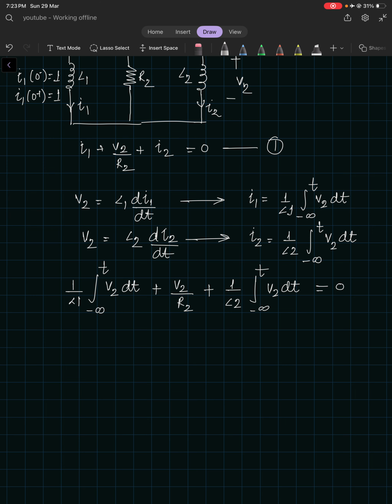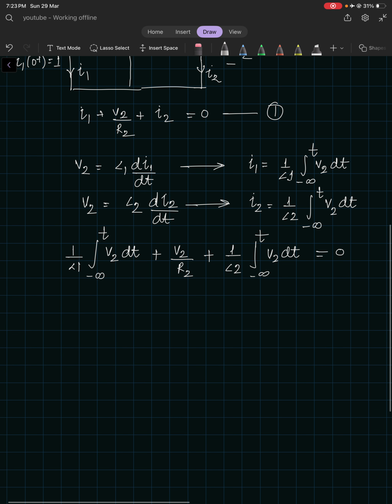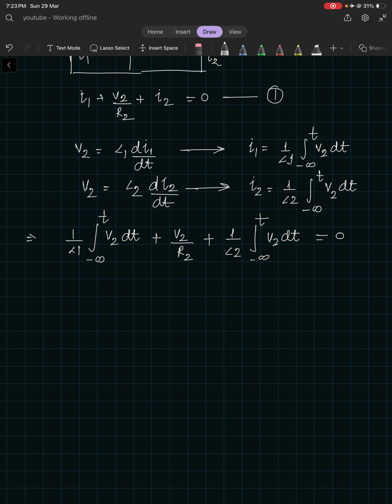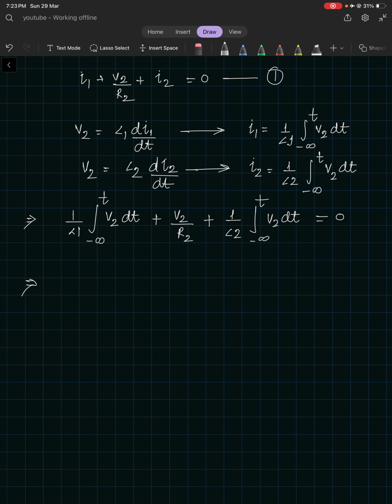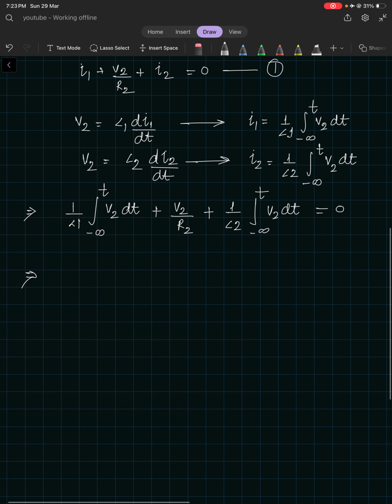So if you note the equations, it is just similar to the capacitor ones, right? There it was like we were integrating the current instead of voltage. Anyways, let's go for it.